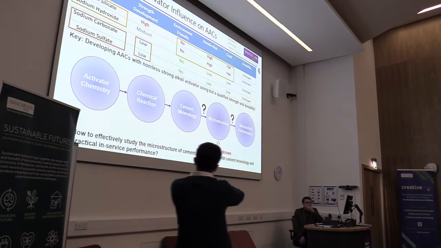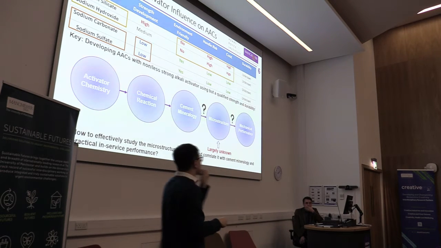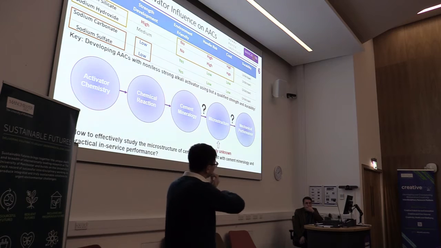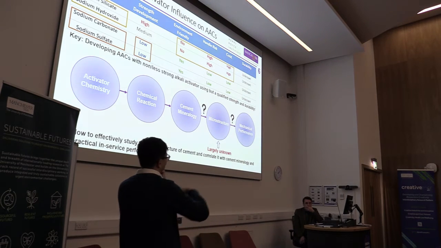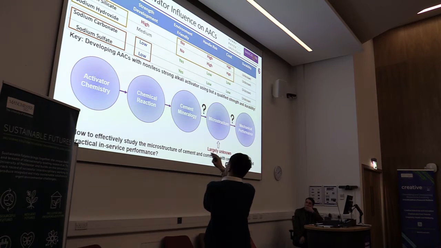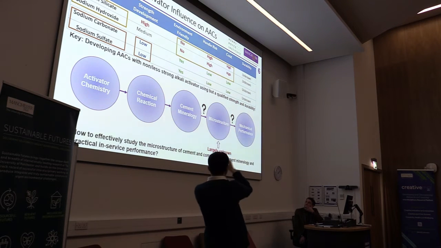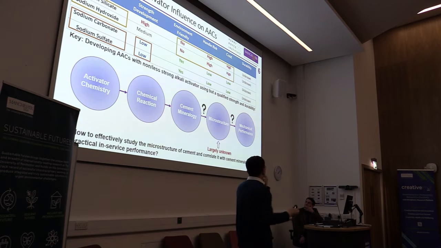So the key to developing alkaline activated cement for future practical, large scale production is developing alkaline activated slag cement with no or less strong alkaline activator, but with qualified performance.